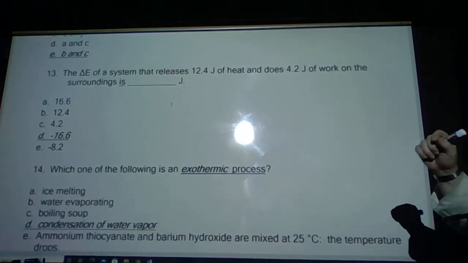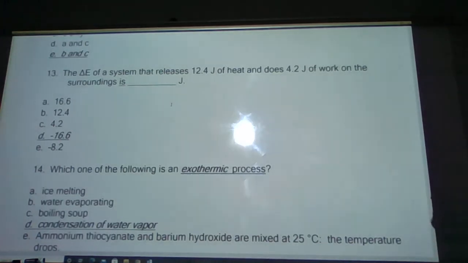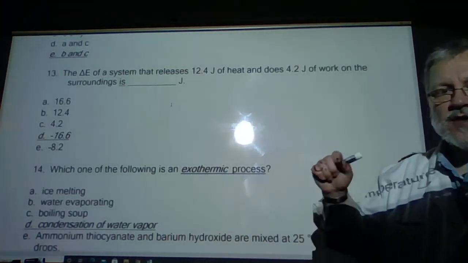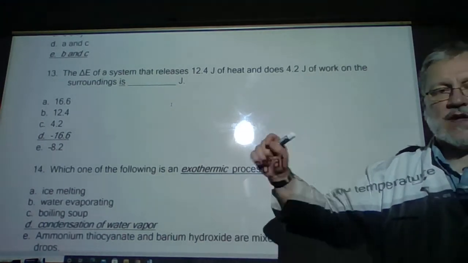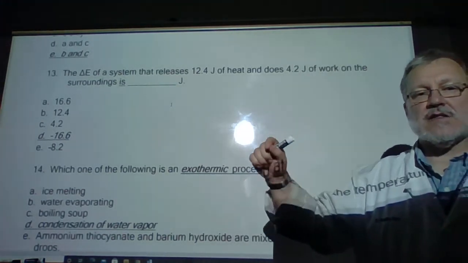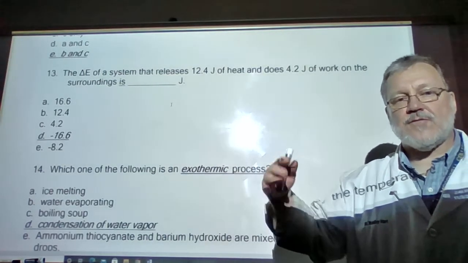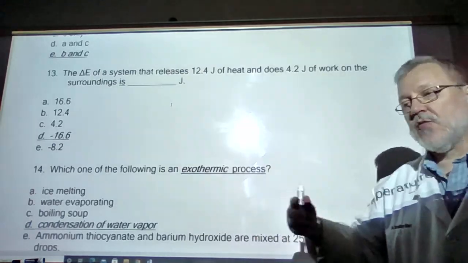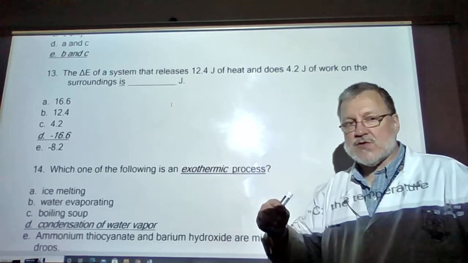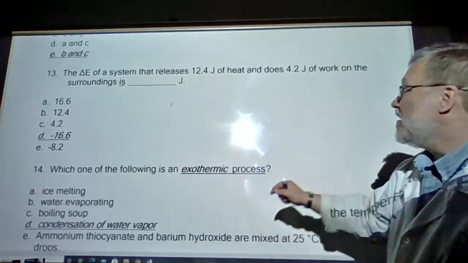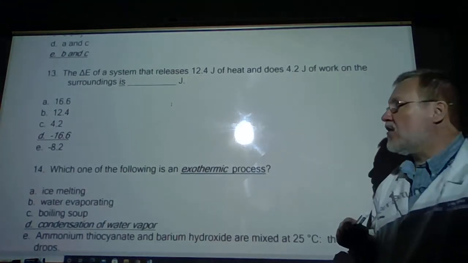In addition to the energy that the system releases in terms of heat, the system also does work. It changes something else. Not only is it losing heat, it's also performing some other task in the form of work. Therefore, since the system is causing something to happen, it is using up energy. It is causing 4.2 joules of work to be done on the surroundings.